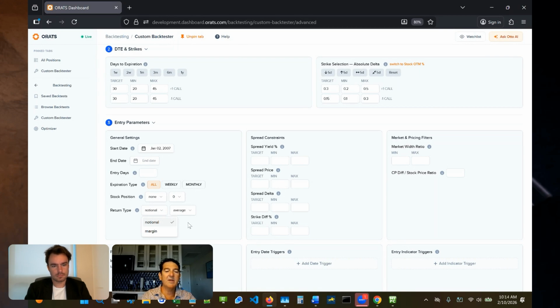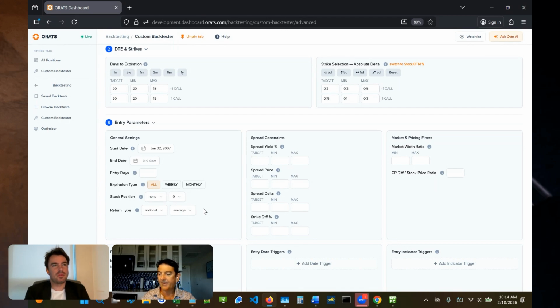So we give people a choice there, and you could have compounded or average. The problem with compounded, Tyler, is that you could go bankrupt in the backtest pretty quickly. But we also have compounding in the graph that you could reset.